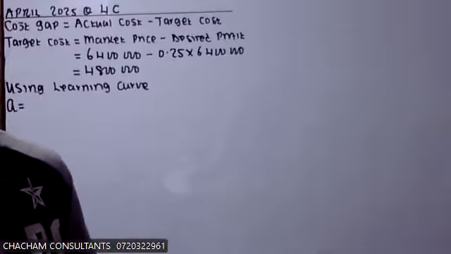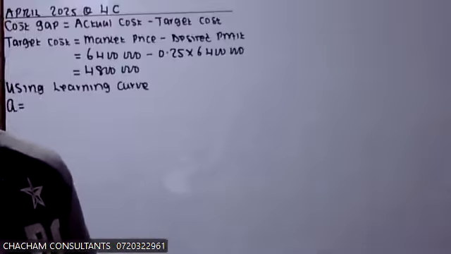Now, the other thing that you must get is R. R, we are told by information 8, is 90%, 0.9. And when you have gotten that, you should be able to get B as the logarithm of R divided by the logarithm of 2.